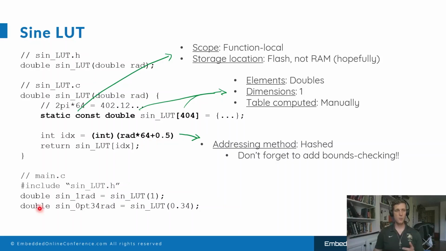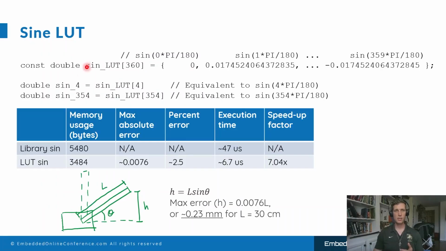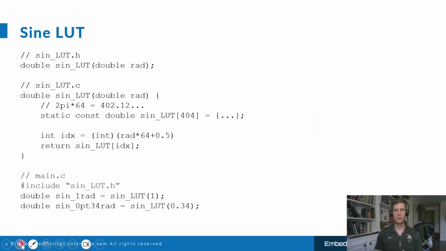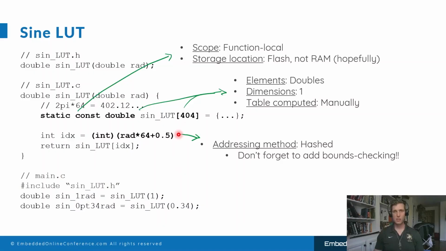Now, in the previous example of my sine lookup table, I was using my argument as the index into my array. That's what we might call a direct access, because I'm directly accessing the array. In this case, I'm changing the value first, and the reason I did this was because, in trying to match the library sine implementation, I wanted to take in a value in radians.